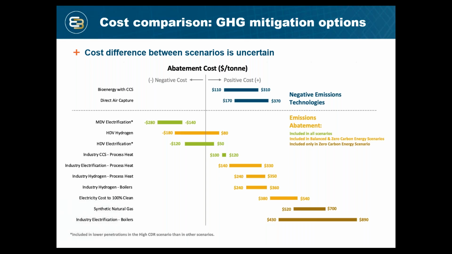But we're using a pretty simple, transparent spreadsheet to build up the assumptions based on our best review of publicly available data. It's a different set of sources, I would say, for each of these options on the figure here. Right, thank you. And I can also just jump in and say there's more detail in the reports on that if you want to check that out. Good to know, thanks.